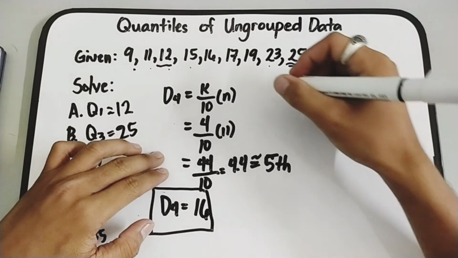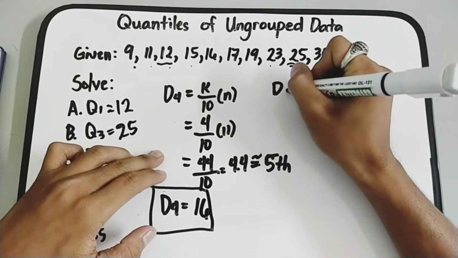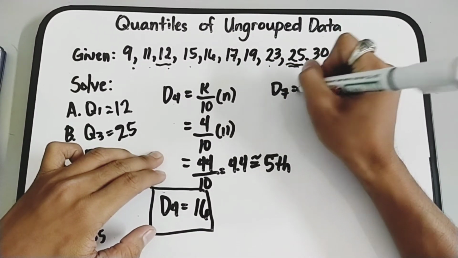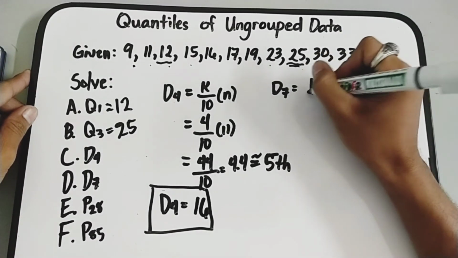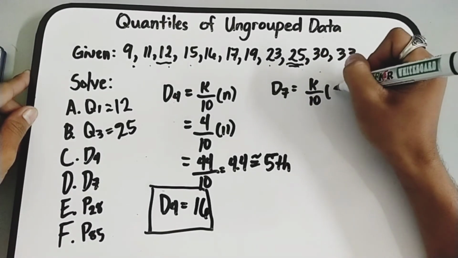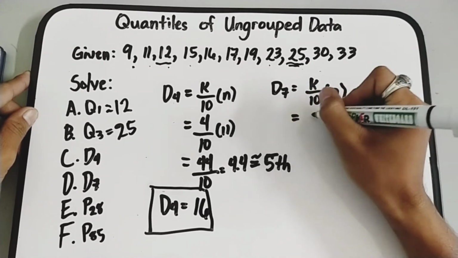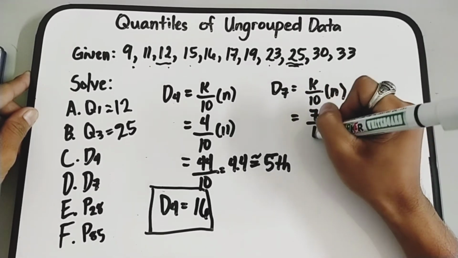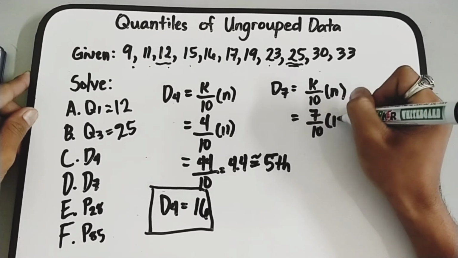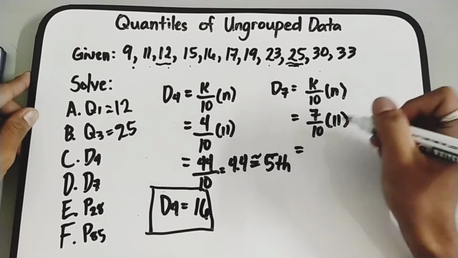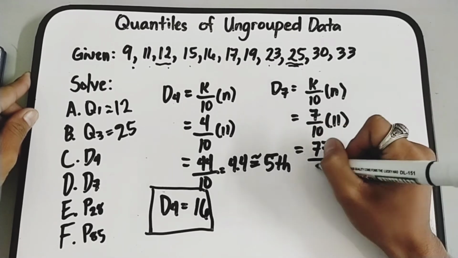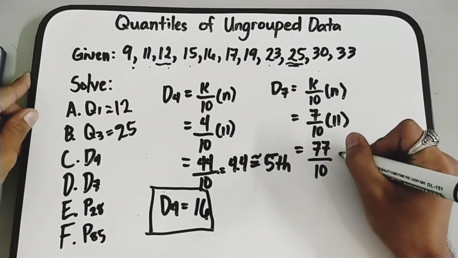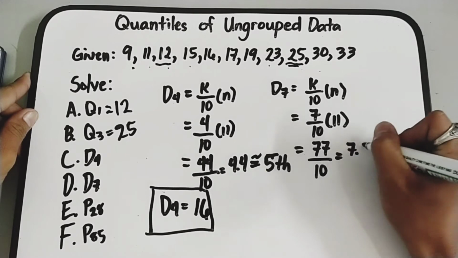Now, how about we are going to get decile 7? Okay, substitute. We have k over 10 times n. And then 7 over 10 times 11. We have 7 times 11, we have 77 over 10 or equals to 7.7.